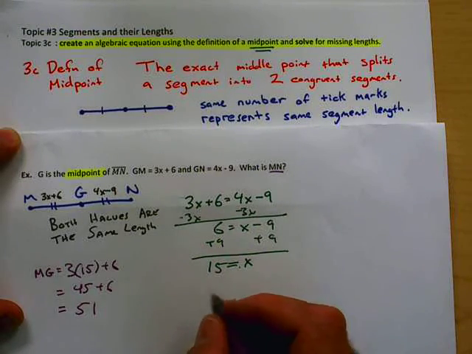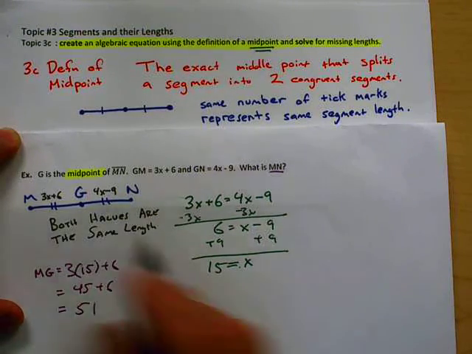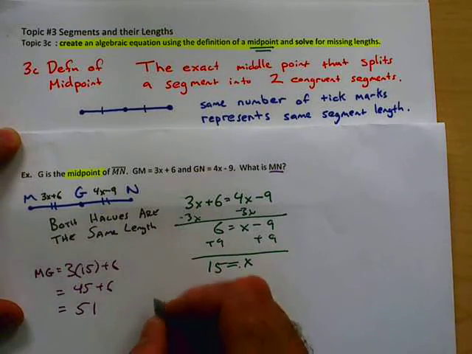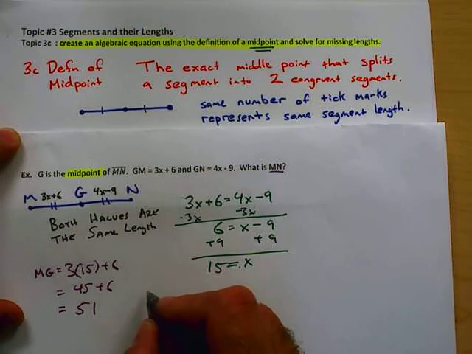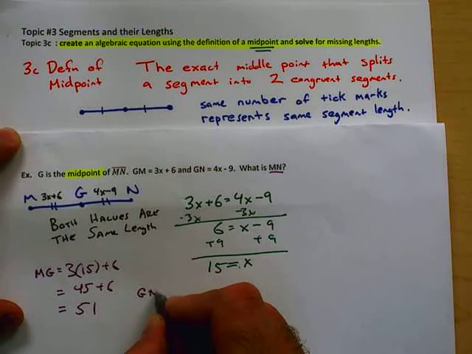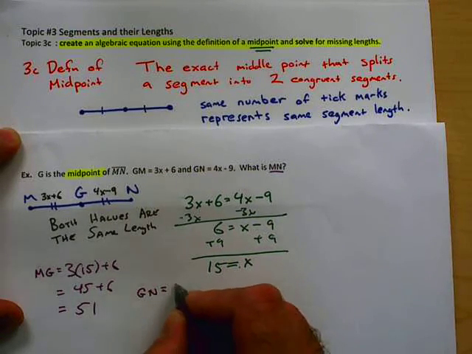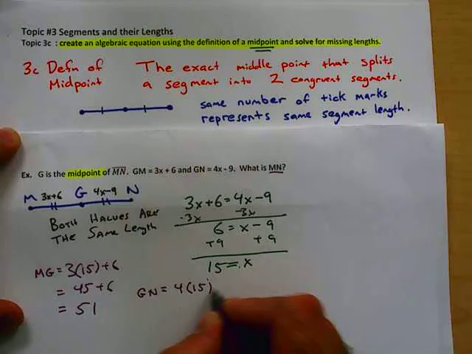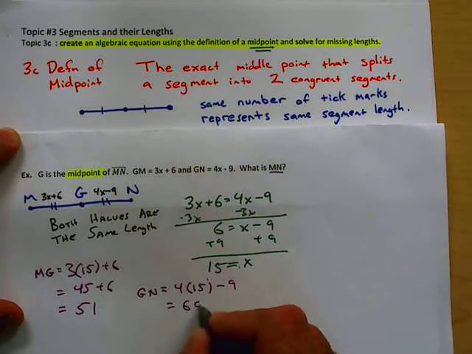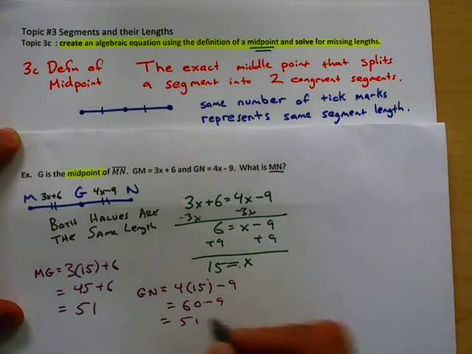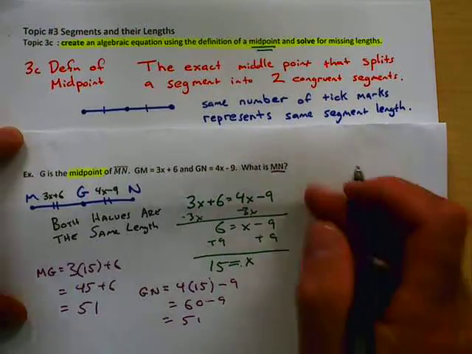And if I know that, I also know that GN is 51. Or if I want to check my math, I can plug that in. GN equals 4 times 15 minus 9. That's 60 minus 9. Sure enough, that's 51. So both of these are 51.